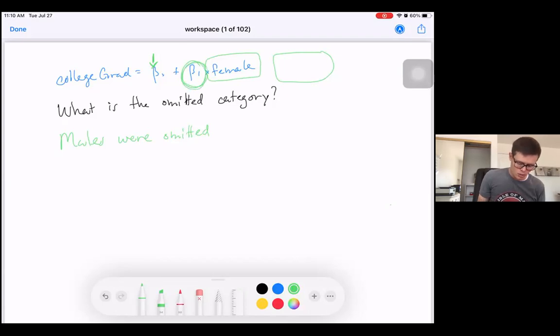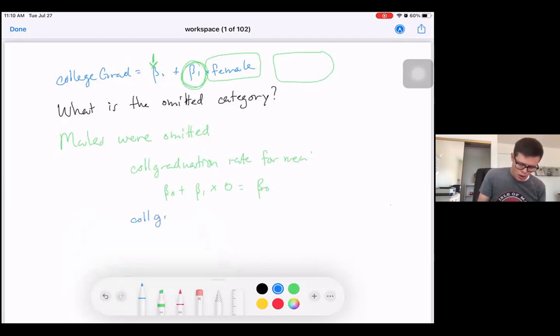The graduation rate for men: you just go beta naught plus beta 1 times female equals 0. It's just beta naught.